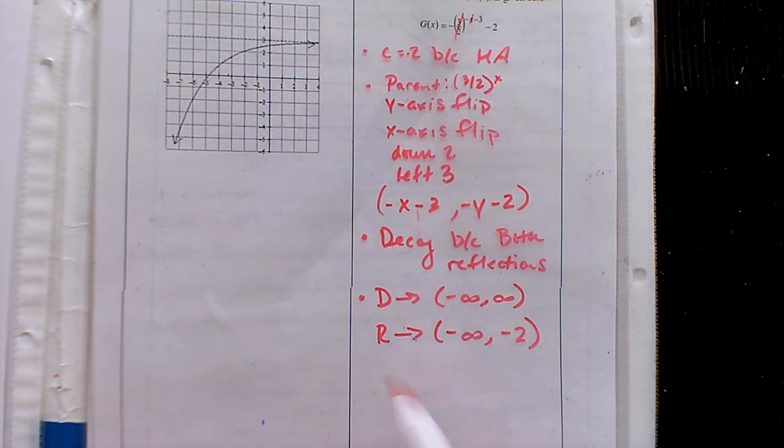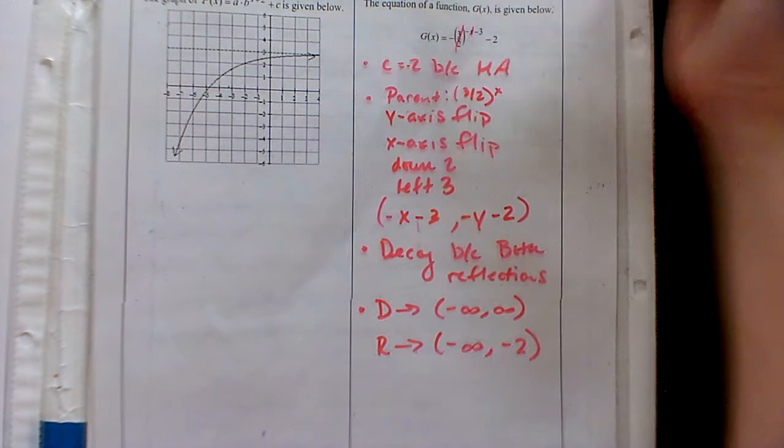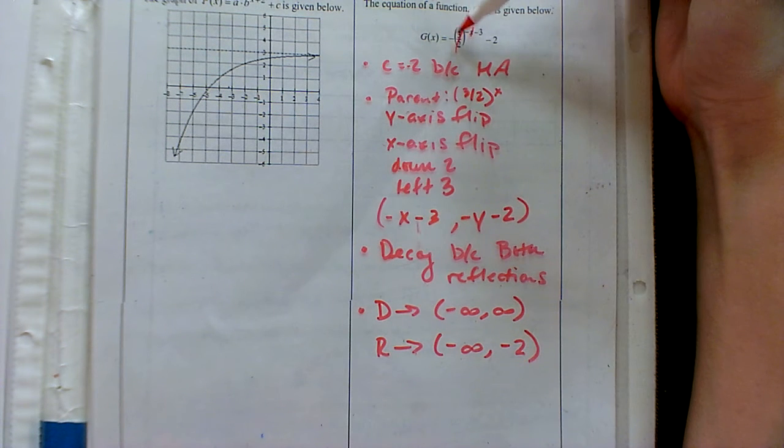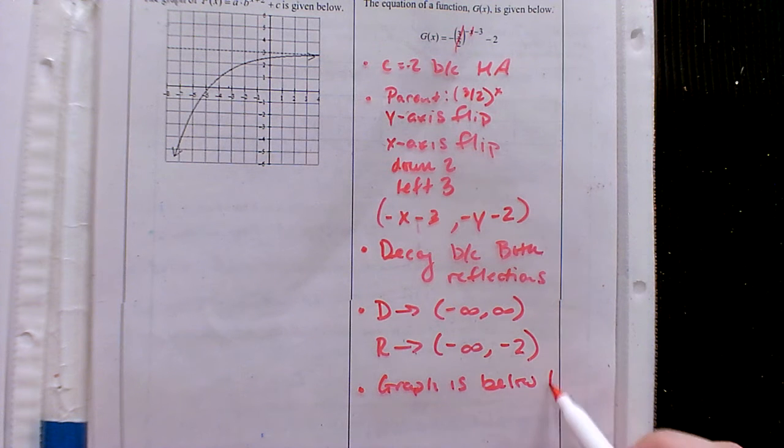Yeah? Below. Okay, so based off the range, notice how it's going all the way down towards negative infinity. So you're below that asymptote. How could you tell based off the equation, though? Yeah? The A would be negative because of the negative in front of the base. There we go. That A value, that number out front is negative. Okay, so we'll say graph is below horizontal asymptote.